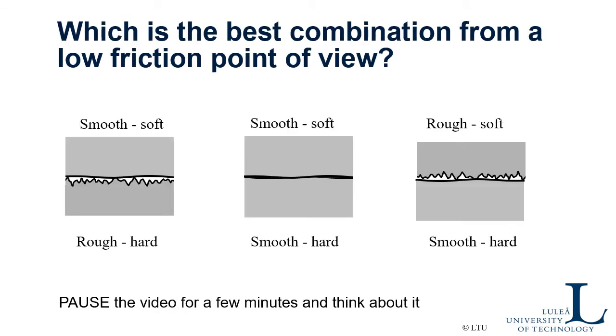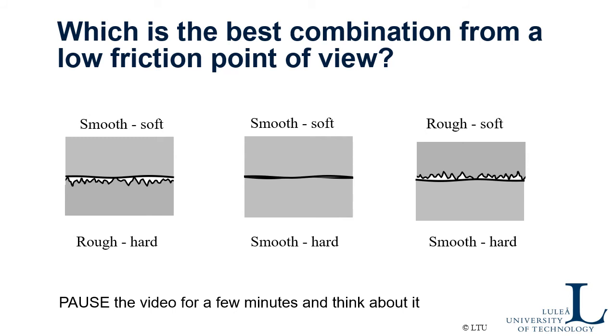So you can think about this when you see these three cases. You can stop the video and think about the solution to this question. Which is the best combination from a low friction point of view? You have two surfaces, one soft, one hard. Should you make the soft surface smooth and the hard surface rough?